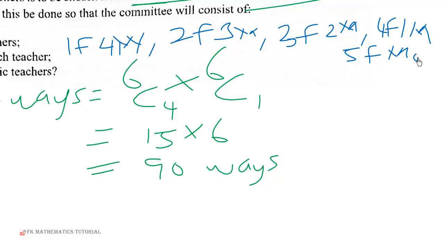So you can do this. It will give you the same answer, but it may take much of your time. So if you do it like that, you get it correct.